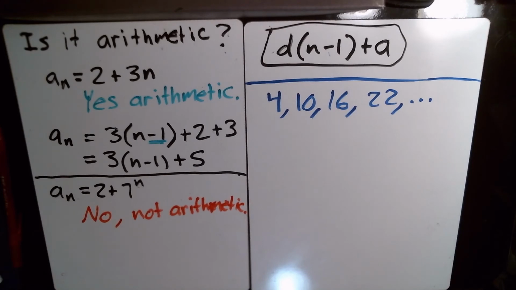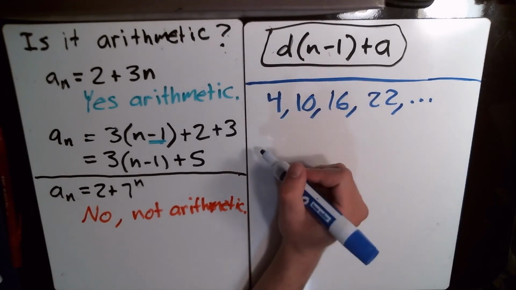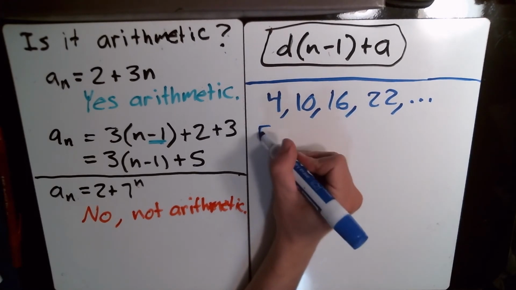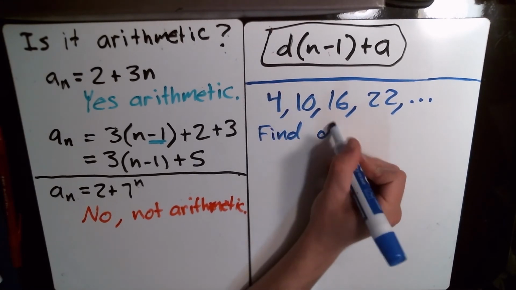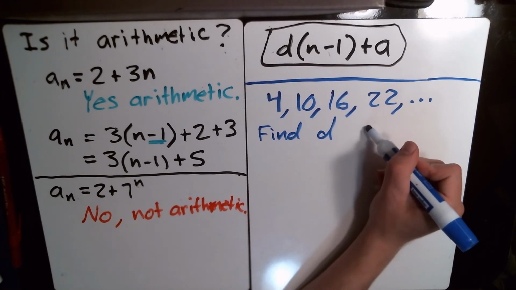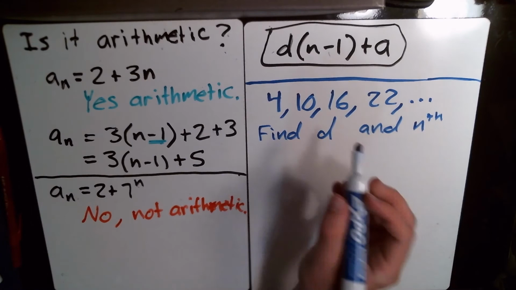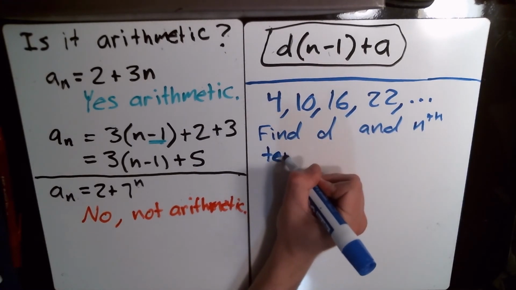We want to find d, the common difference, and a formula for the nth term.